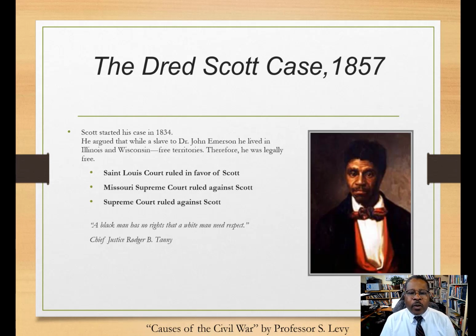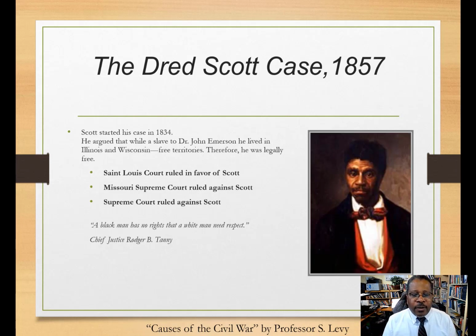And so it really questioned even Congress's ability to limit where people can go with their property anywhere in the United States. So it really threw into question the whole legality of the Missouri Compromise, whether the federal government could tell people you can't go into a free territory or a free state with your slaves, because if you do, then those people become free once they enter your state.